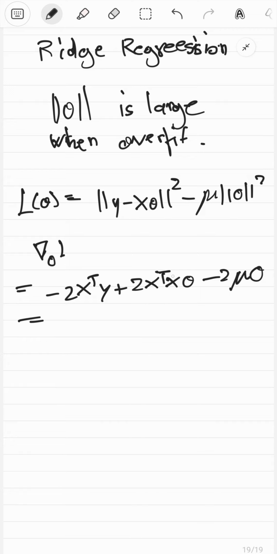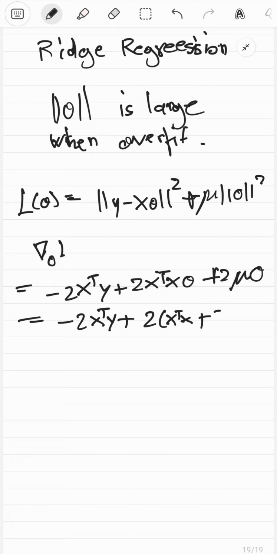So just recollecting all of this, we get minus 2 x transpose y, and then plus 2 x transpose x, plus, why is this minus? Did I mess up somewhere? Oh, sorry, you should be putting a penalty, so it should be a plus. It's a loss, yeah, sorry. So this should be positive over there.